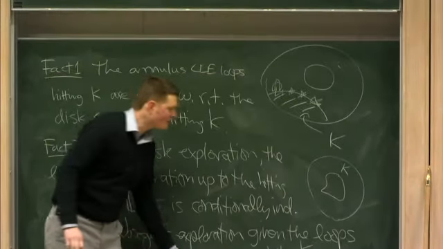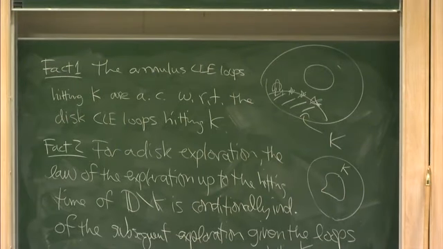All right, what was the point of all that? The point is that if you have an annulus CLE and you want to explore it, maybe I should read that again, people are trying to read it.